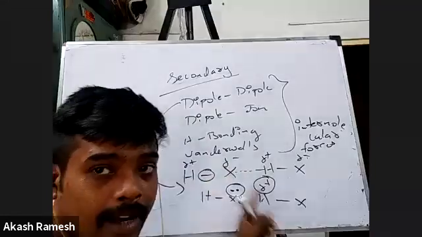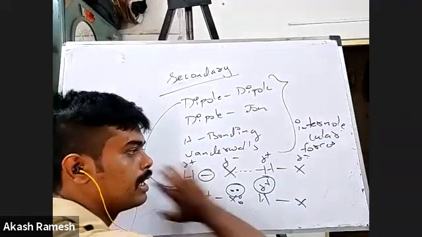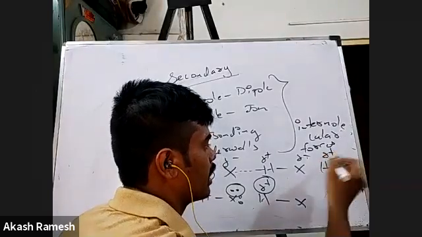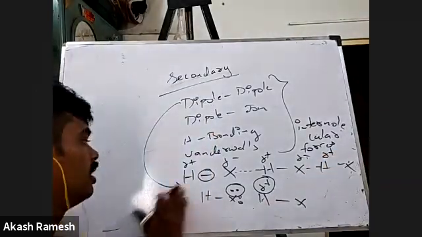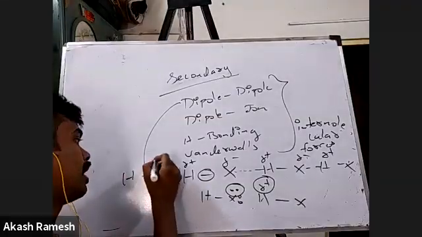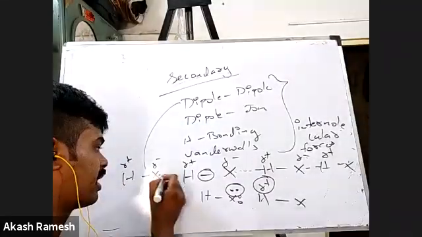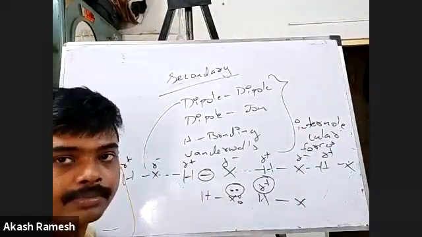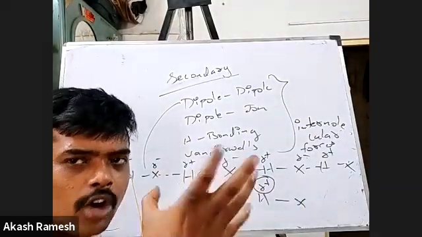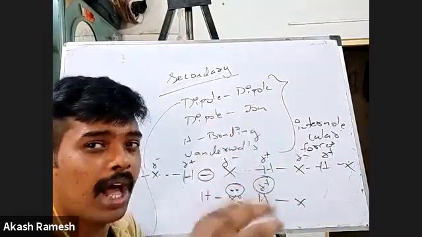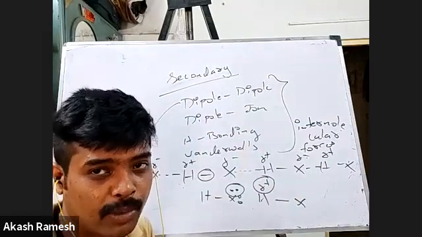Between the dipoles I have an interaction. Then this can be a very big chain. Say I can have one more HX molecule, again having a del positive, again an interaction here. Say I can have one more HX molecule having del positive, del negative, again I can have an interaction here. So this can be a very big chain like this, right? So this is how individual molecules are held together. Basically, I know there are going to be so many millions and millions of molecules.